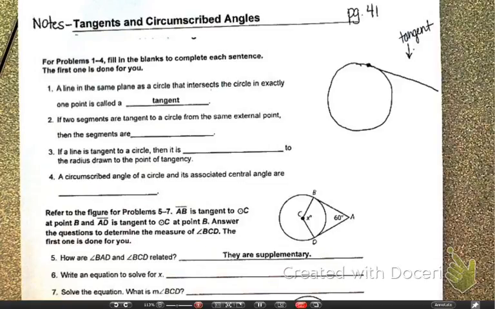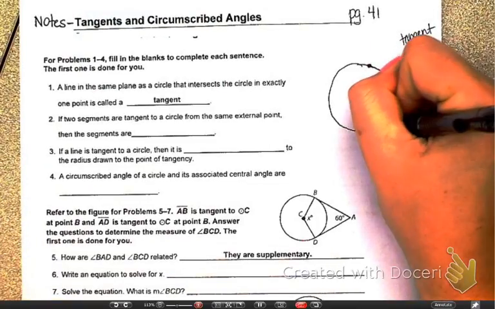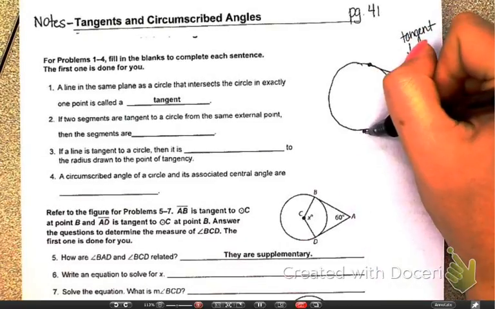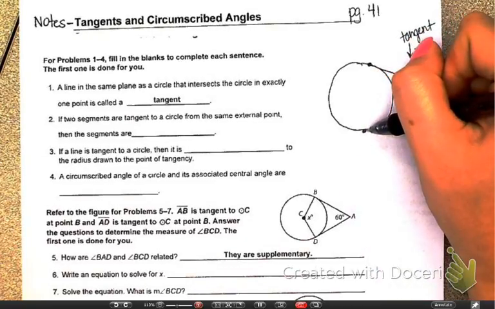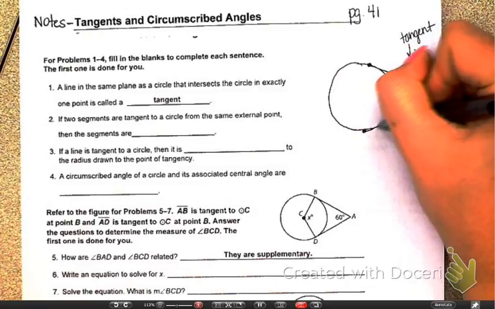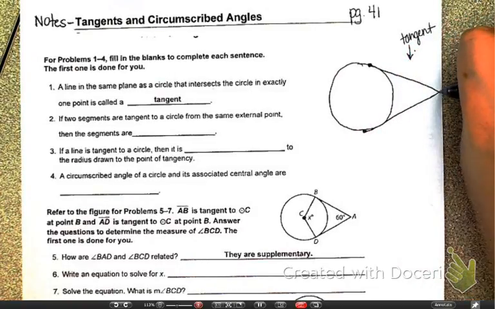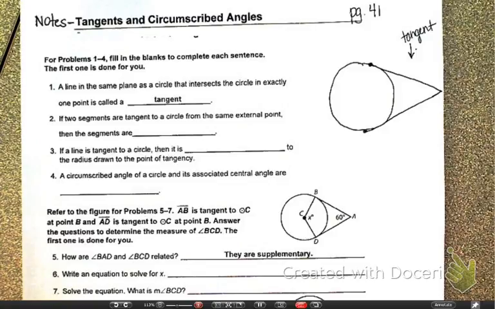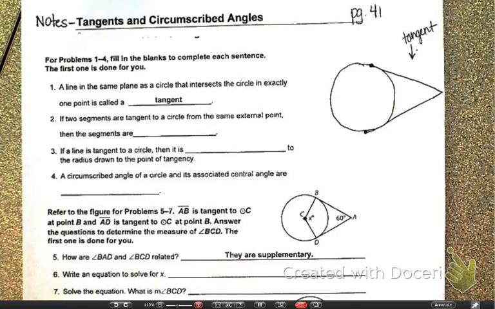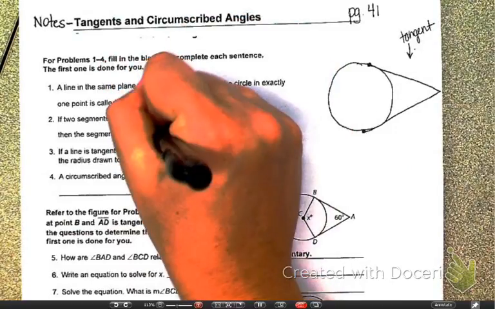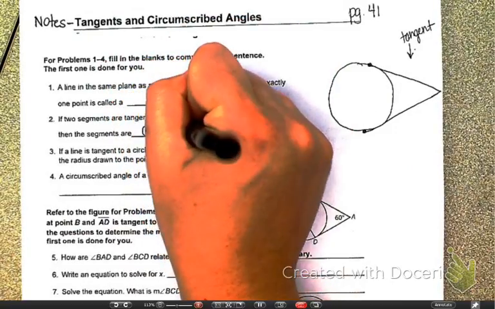Number 2, if two segments are tangent, so if I have another segment that's tangent to this circle, and two segments are tangent to a circle from the same external point, so this tangent line meets that one at that external point, then those segments are congruent.